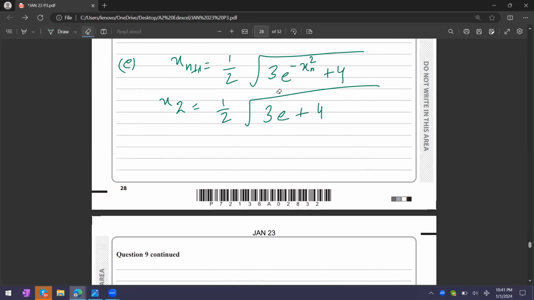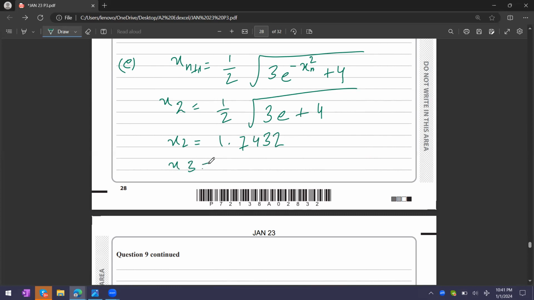We need the decimal value using calculator, up to 4 decimal places. 1.7432.